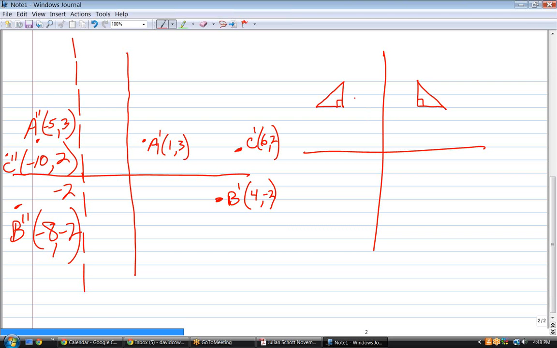this is a straight reflection over the y-axis. If I said, let's move this triangle down 1 and to the right 1, and then reflect it, I get that.